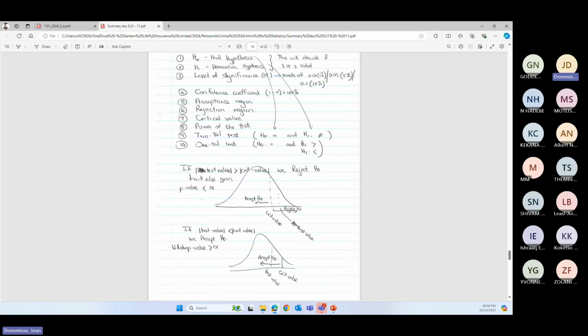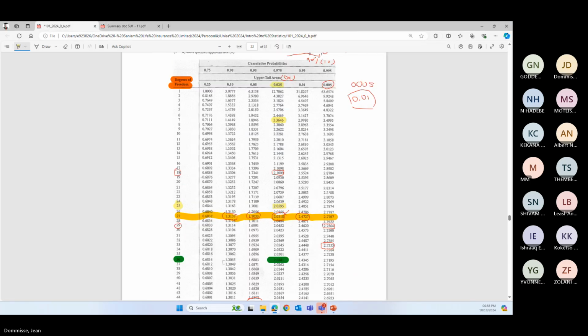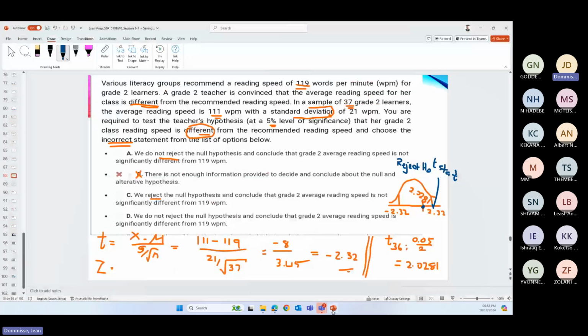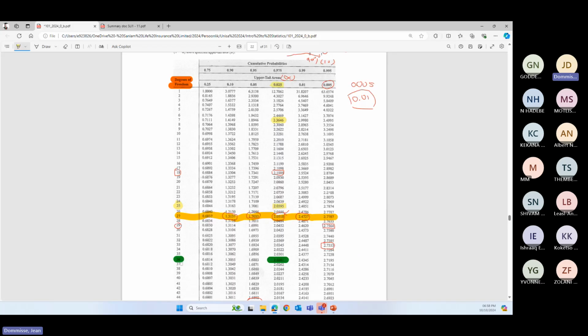Let's quickly see if we can, minus 2,32 or 2,32 at 56, 2 comma, so it's going to be somewhere between those two.